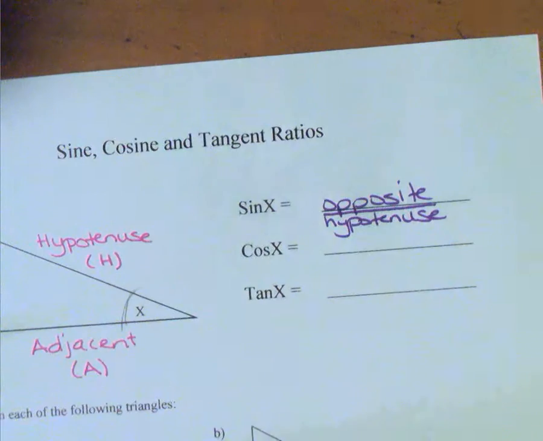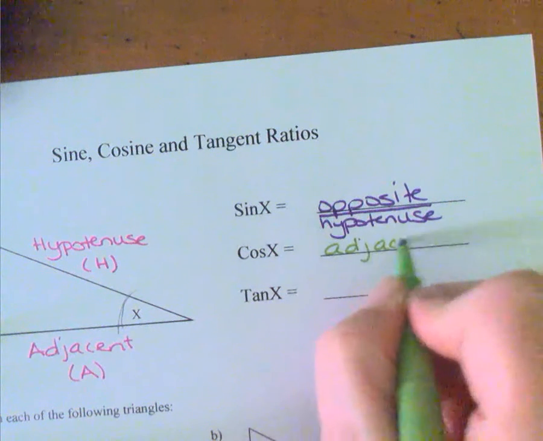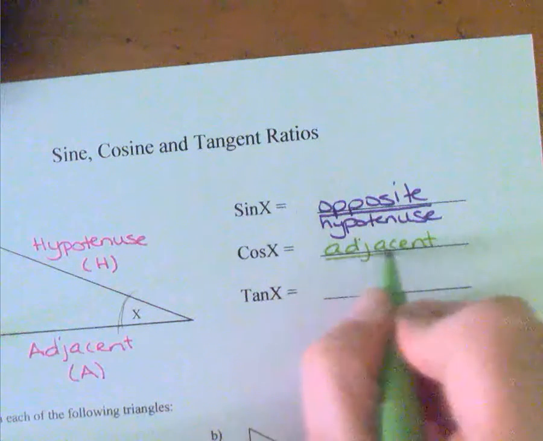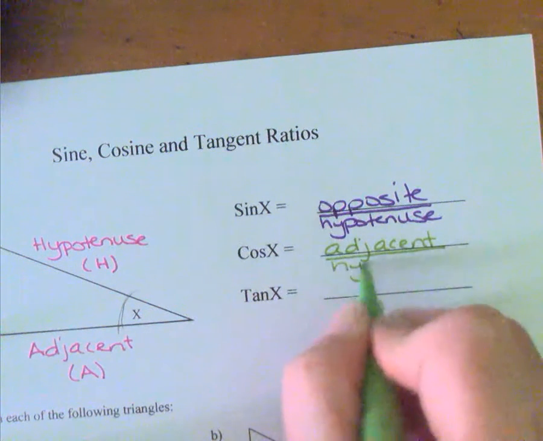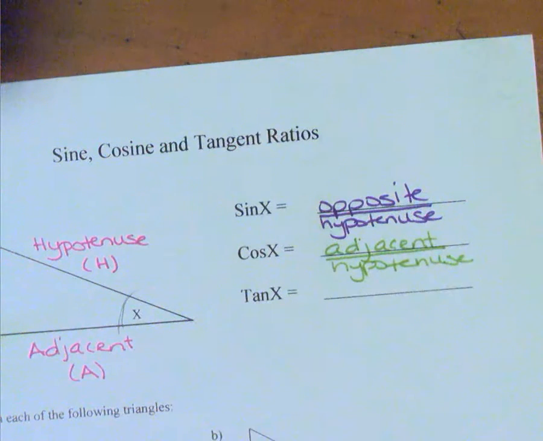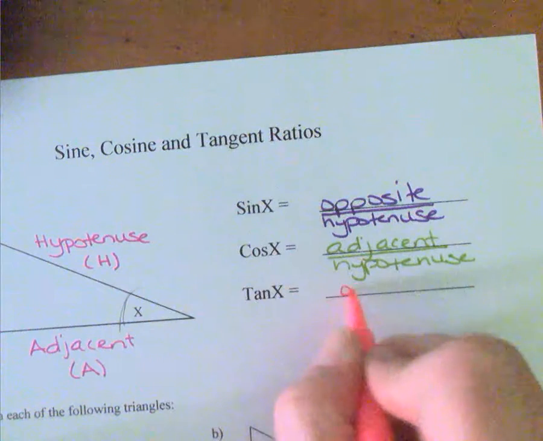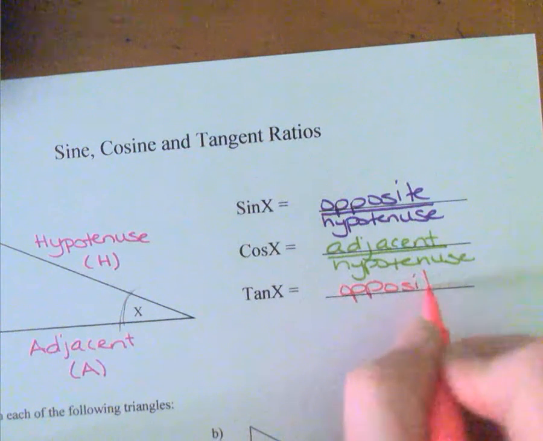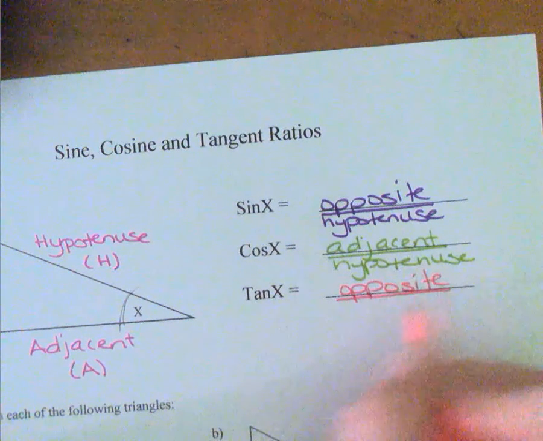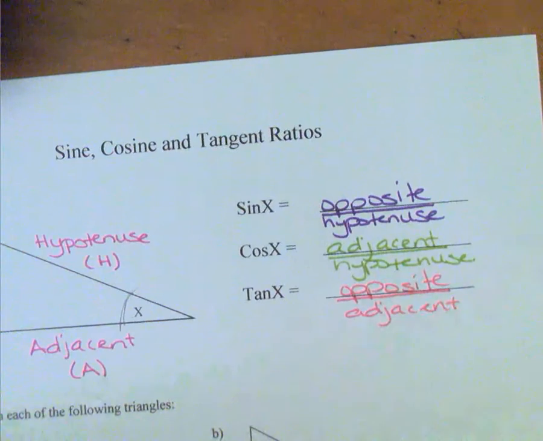The cosine ratio is the adjacent divided by the hypotenuse. And the tangent ratio is the angle's relationship to the opposite divided by the adjacent.